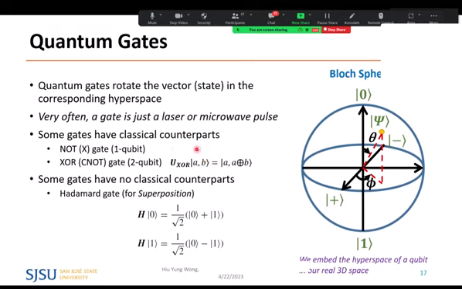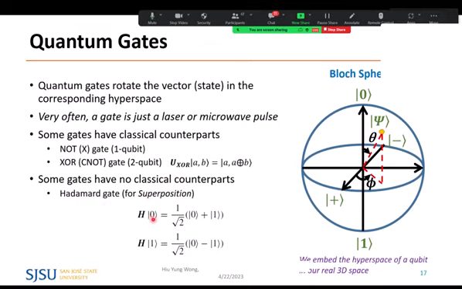Okay, but we can build this on a classical computer. So nothing special, as I told you before. Quantum computing is the same as classical computing if you limit it to only operate on the basic states. If you don't allow it to work on superposition, it's not going to be useful. But it has some gates that have no classical counterparts. For example, a Hadamard gate.